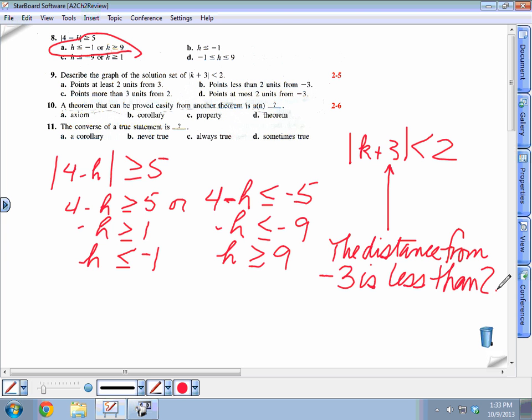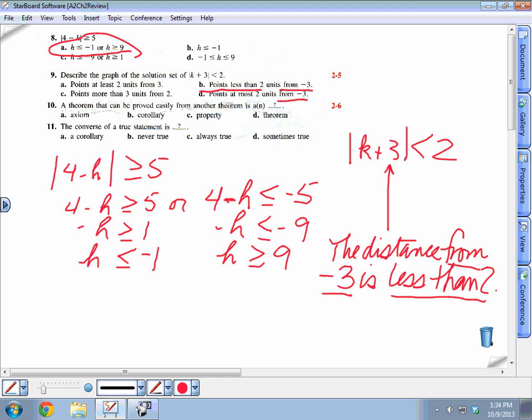Okay? So in other words, if I start at negative 3, the only choices that involve from negative 3 are these two, B and D. And it's less than 2 units from there. So points less than 2 units from negative 3. At most means it's going to be before 2 units, in between there and 2 units. Oh wait a minute, less than 2 units.